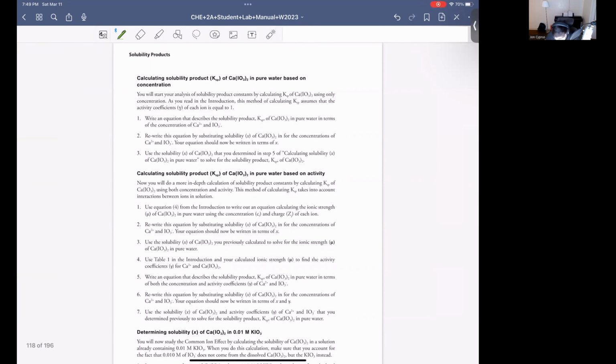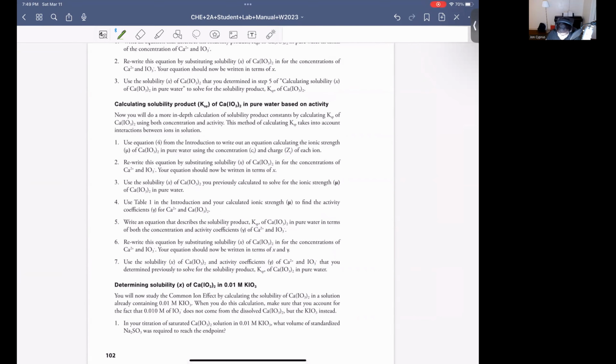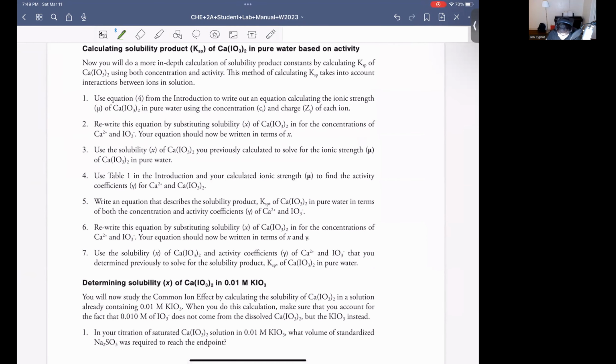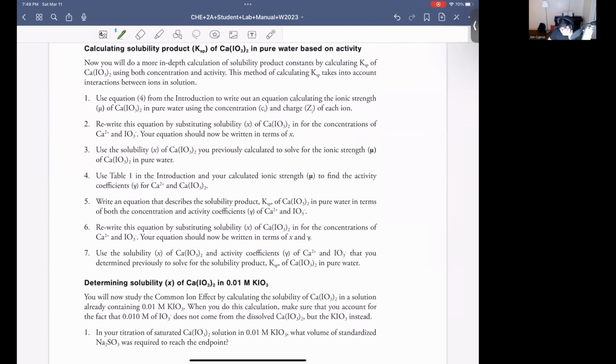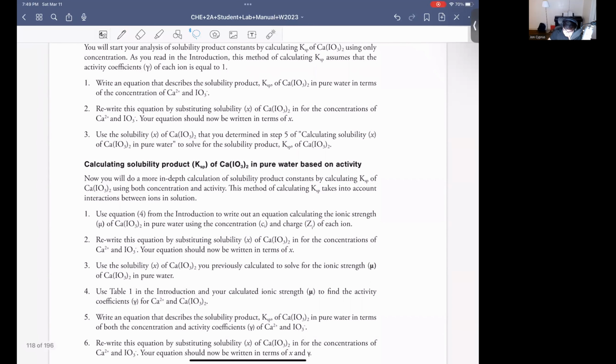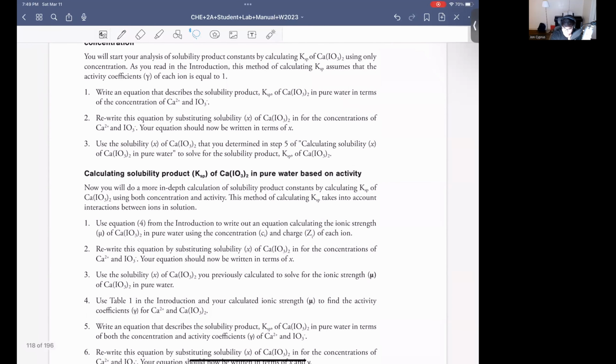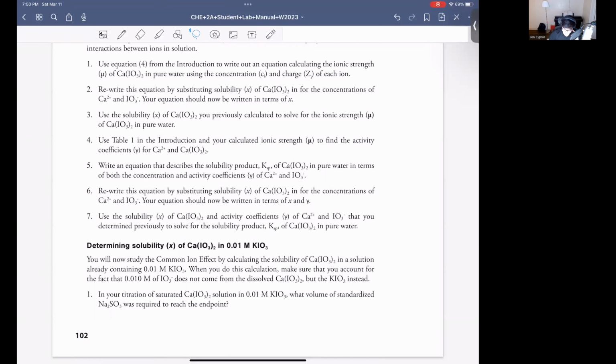All right. Both concentration and activity. So what we're going to do is move on to this next one down here.